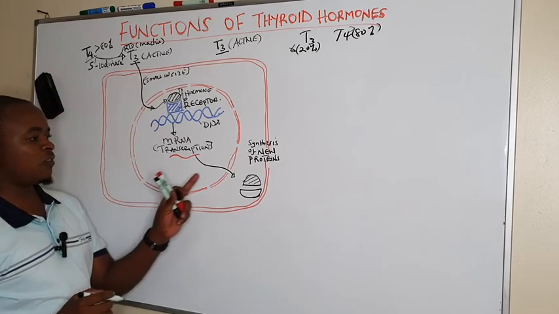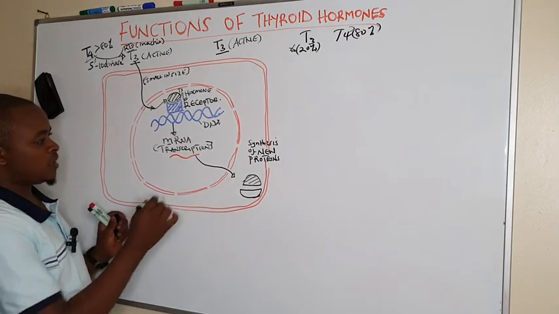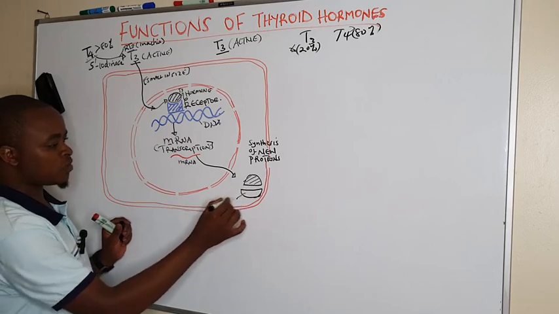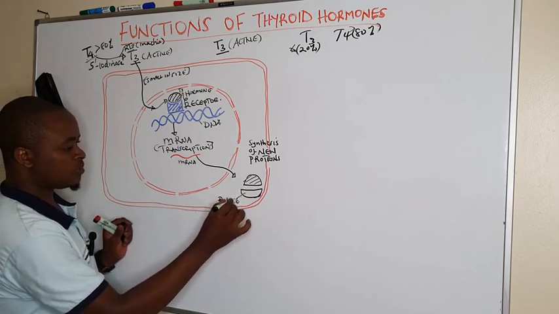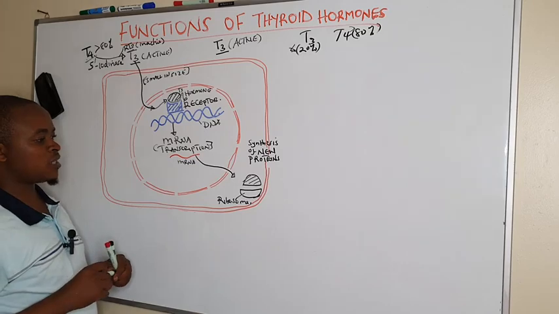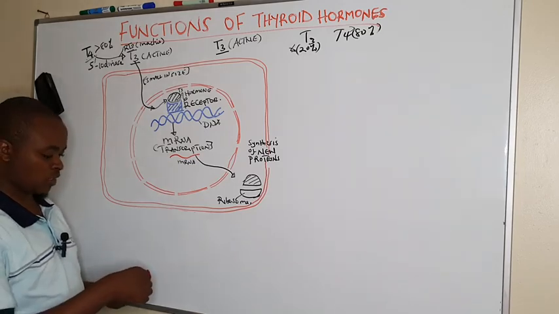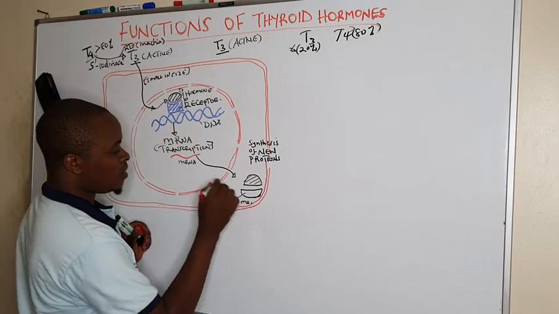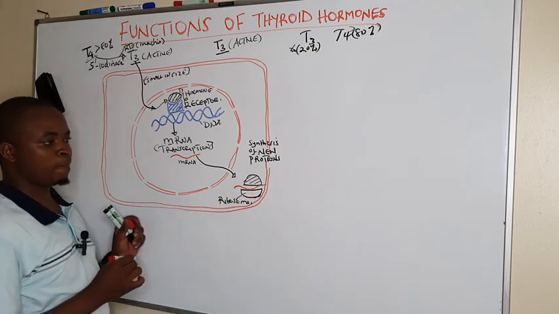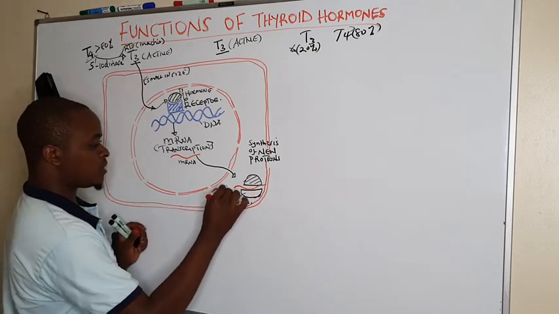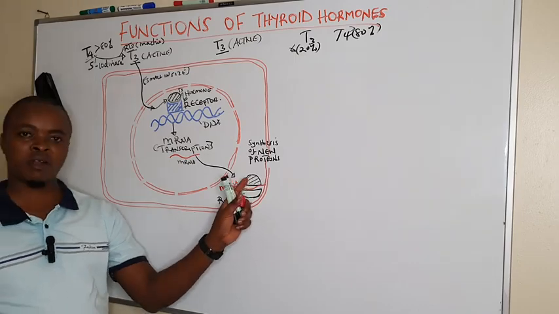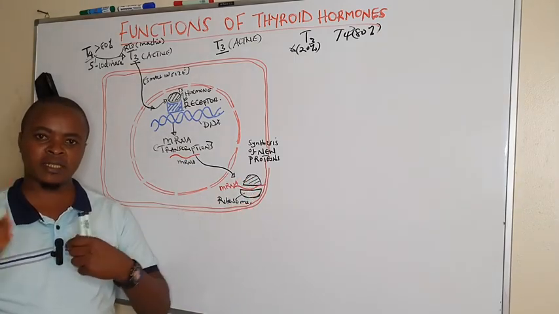After reaching the cytoplasm, this mRNA goes to where there are ribosomes. We find there ribosomes which act as the machinery for synthesis of proteins by the process known as translation. In the presence of large and smaller ribosomal subunits, the mRNA is translated.